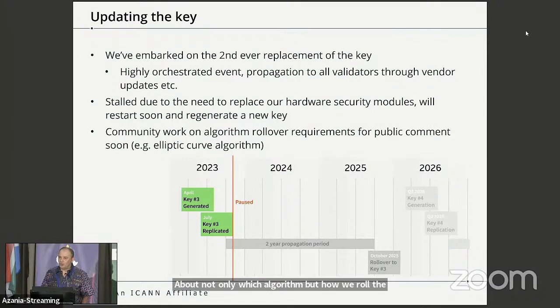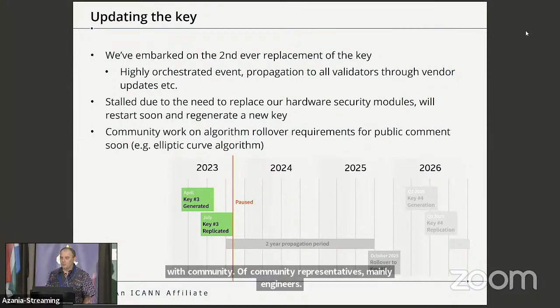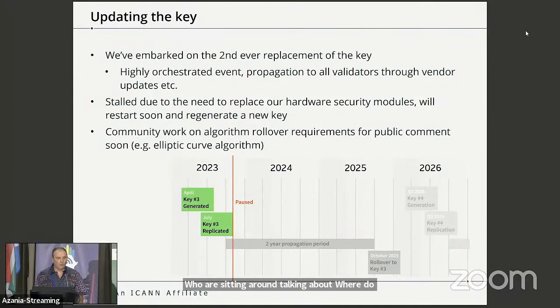It will be highly documented. It will be very public, because once again, this key is the key to the DNSSEC in the DNS. So we need to get it right, but we're going to do that with community. So there is a group of community representatives, mainly engineers, who are sitting around talking about where do we go? What's the next algorithm? What's the future?